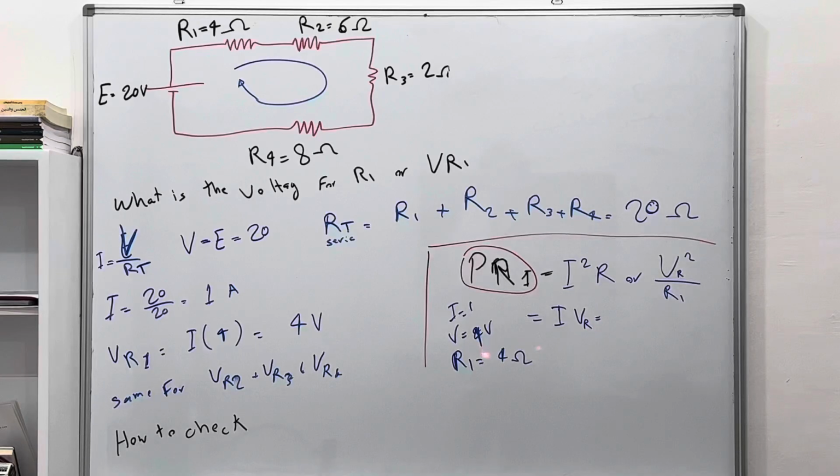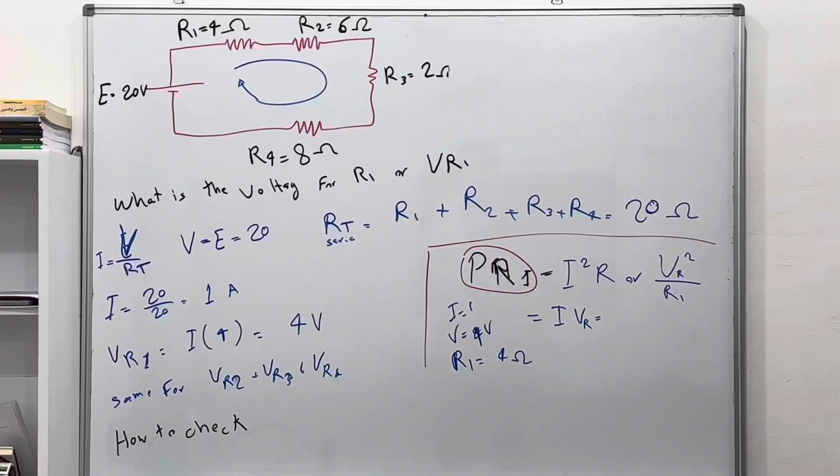So PR1 is 4 watts. We can also use I, which is 1 squared, still 1, multiplied by R1, which is 4. So again, we make sure that it is 4 watts.